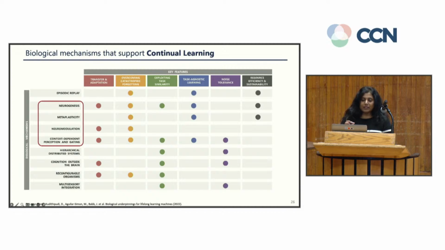A dot, for example, here shows that the first technique there, neurogenesis, has something in transfer and adaptation and exploiting task similarity, or catastrophic forgetting. It does not mean the problem is fully solved with this technique, but it only shows that there are some initial models that demonstrate there is potential for this biological mechanism to be applied to address this specific aspect of continual learning.